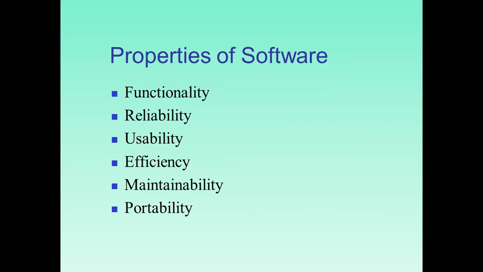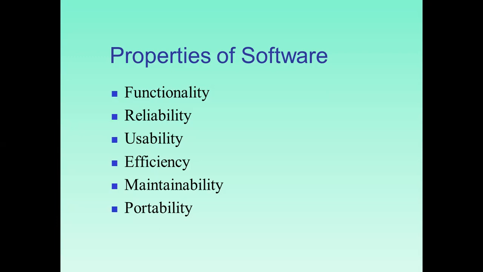Functionality: whether it is working properly or not, each function working properly or not. Reliability means you are going to check about failure, whether the software designed by the programmer is working properly and is reliable, fault free. Third is usability, so that you can use your software again and again.